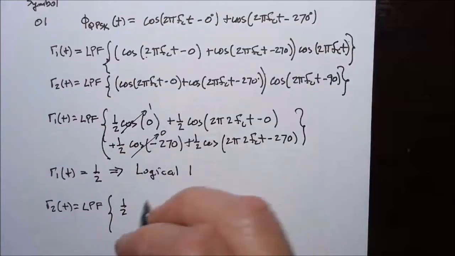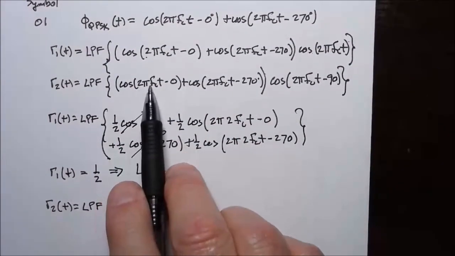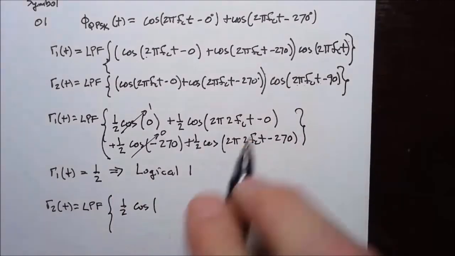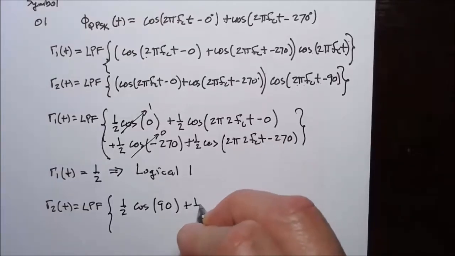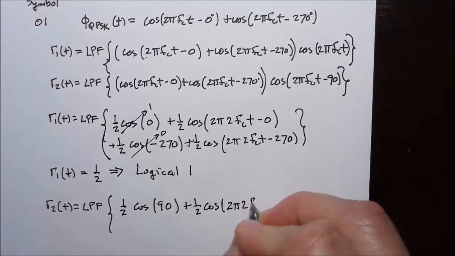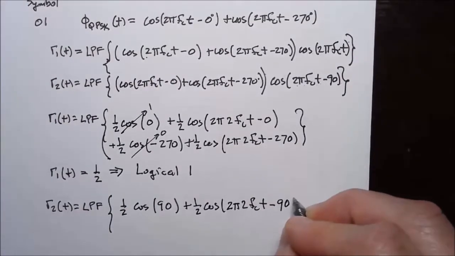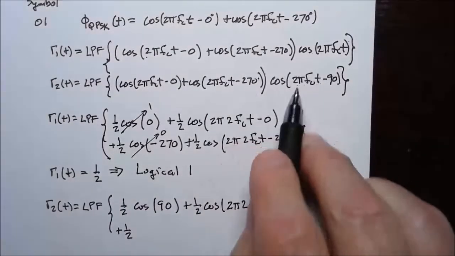Cosine times a cosine is 1/2 cosine of the difference, 2 pi FCT minus 2 pi FCT minus 90. That leaves a plus 90 degrees, plus a 1/2 cosine, and the sum is 2 pi times 2fc times t minus 90 degrees, then plus 1/2 for the second multiplication.